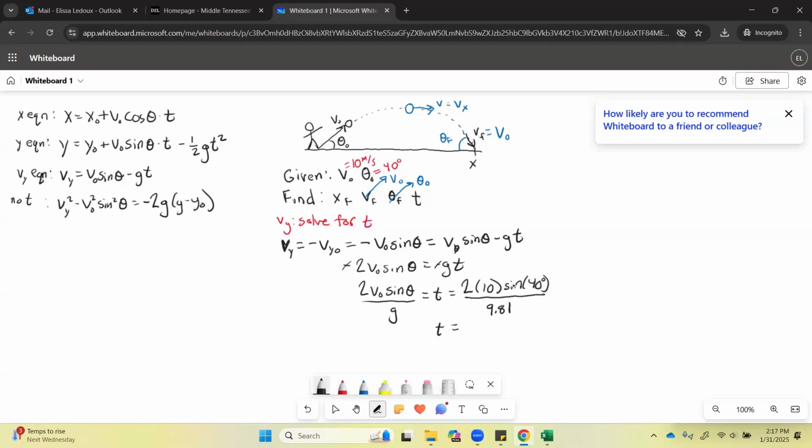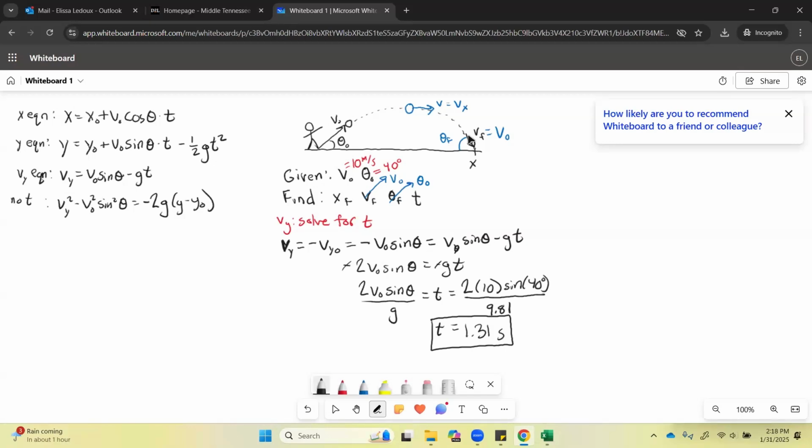Okay, so make sure that your calculator is in degrees. So t equals 1.31 seconds. Good. And that kind of seems reasonable for kicking a kickball. So that gives us some confidence in our answer.